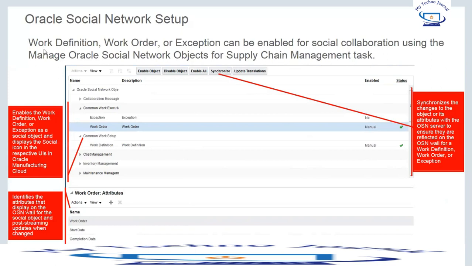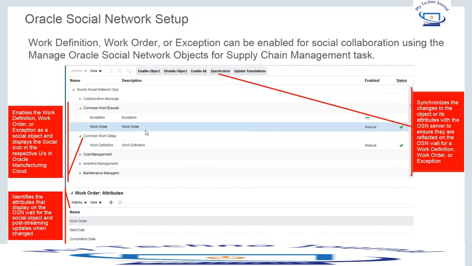Once you go into that task, you can see different applications, and within a particular application, the different objects for which you can enable OSN. Accordingly, you can select a particular object in a particular application and enable that.